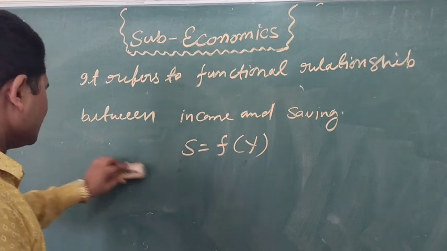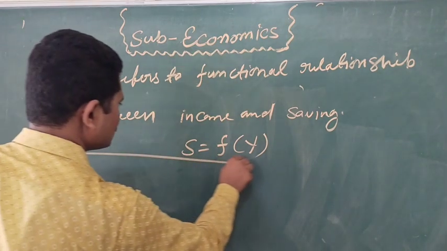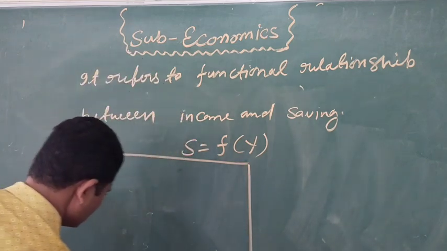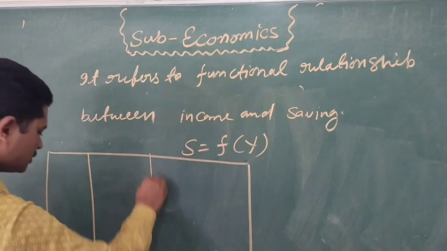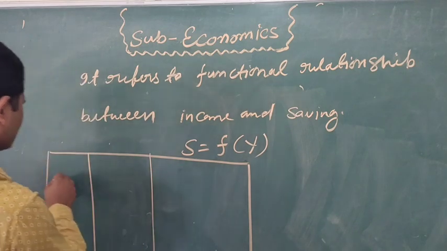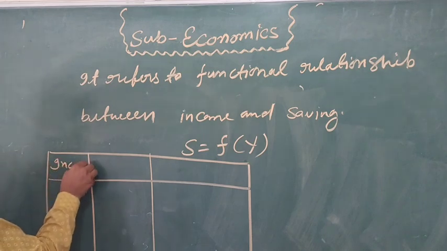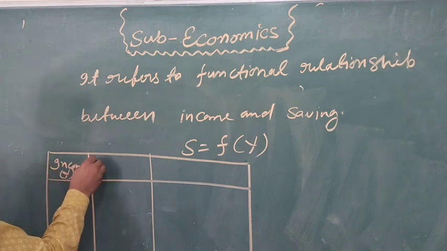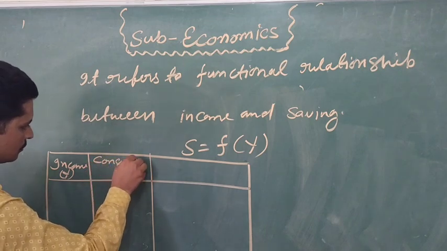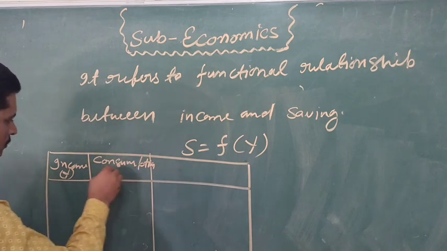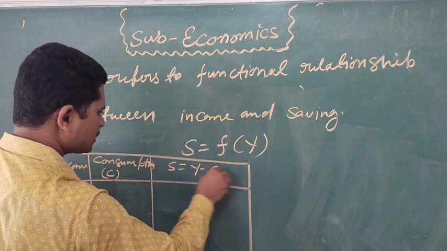And there are data sets: income and consumption. Income is represented by capital Y, consumption is represented by capital C, and saving is equal to income minus consumption.